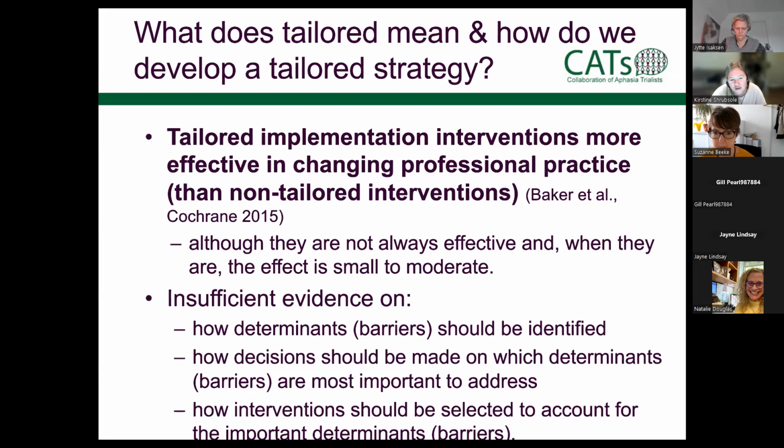There's no strong evidence on how to make those decisions if we have a lot of barriers, which are the most important ones to address, because often we're seeing a long list of barriers. So do we address them all?